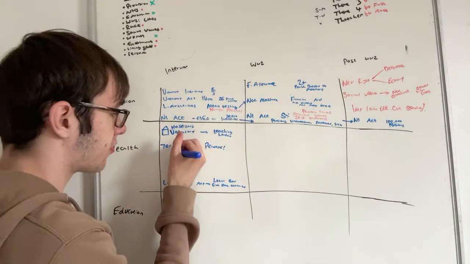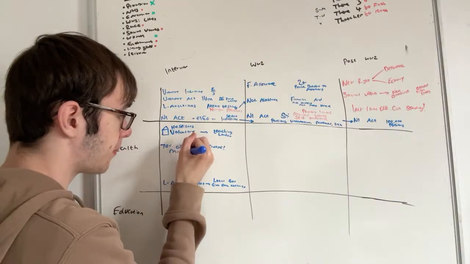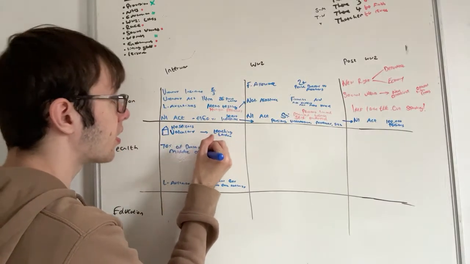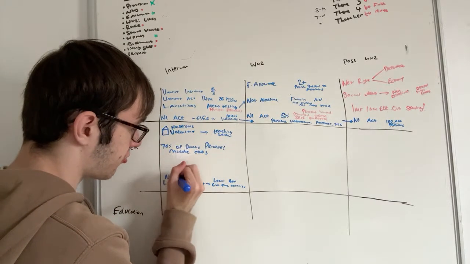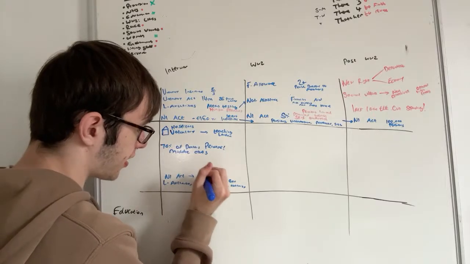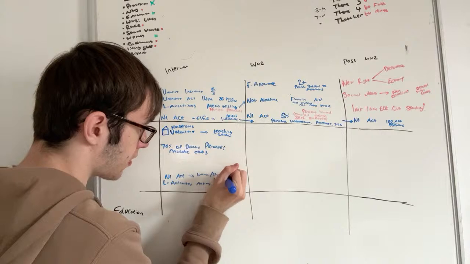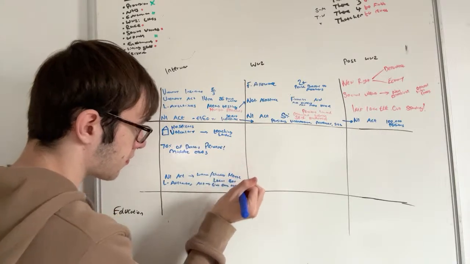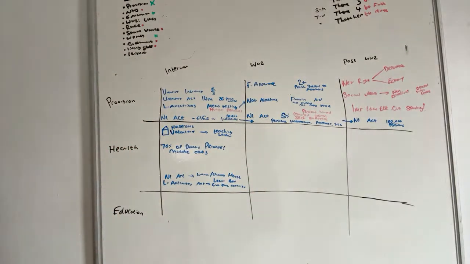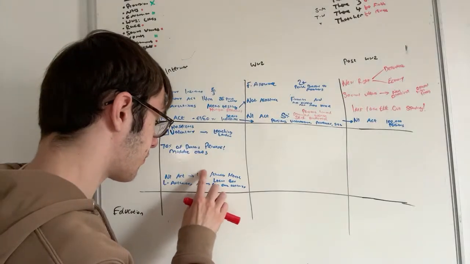So 70% of doctors were private, mainly the middle class. Also, the National Insurance Act did not include women or children's health. So that should be a red.